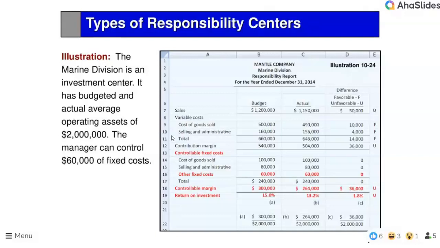Is that original cost minus depreciation? Is that market cost? How did you come up with the 2 million, Mr. Accountant? And the accountant, if he's good, should be able to come up with it. And it should be fair, because you're evaluated based on that. So as a manager, when the accountant comes, don't be afraid to question.